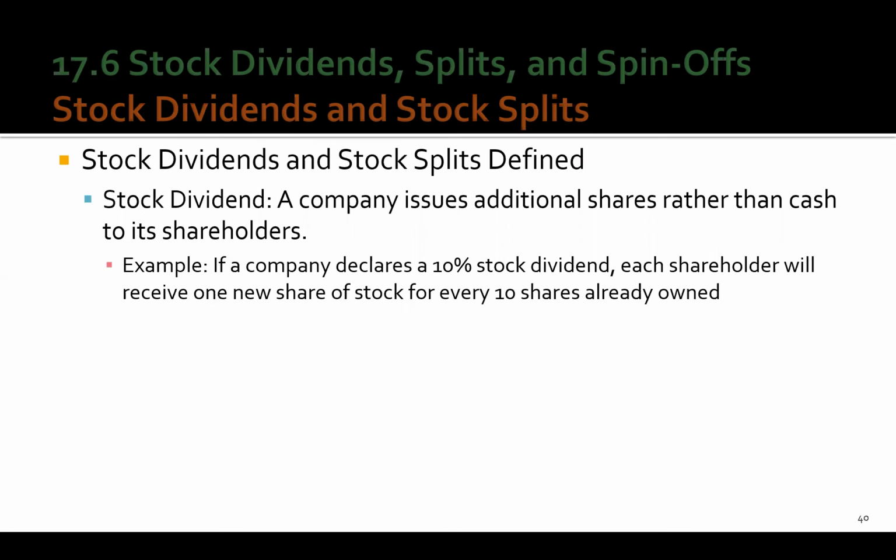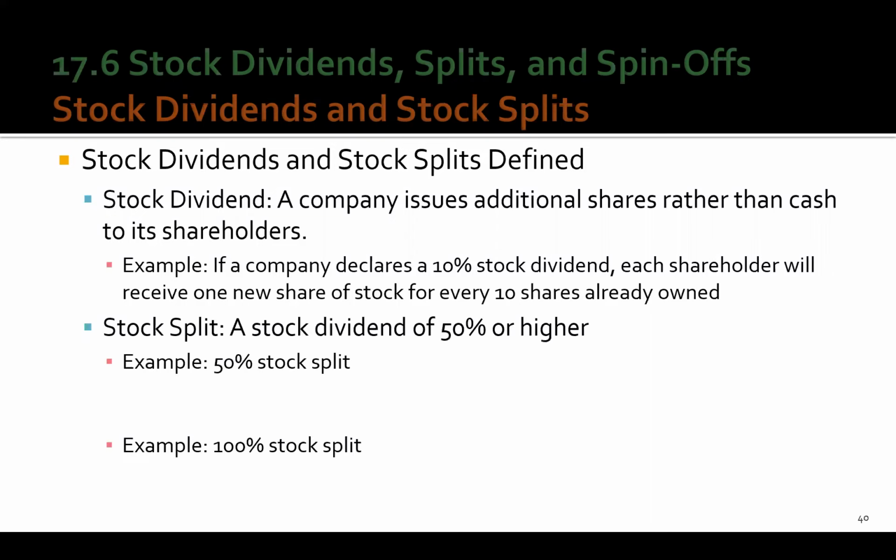That means for every 10 shares that you own, you get one additional share of stock. So you're increasing the number of shares outstanding by 10%, and there are no other underlying changes going on in the firm. You're just giving your shareholders new shares in proportion to what they currently hold.